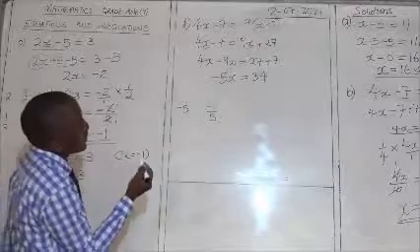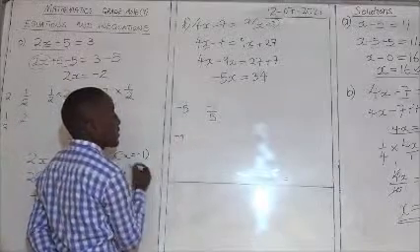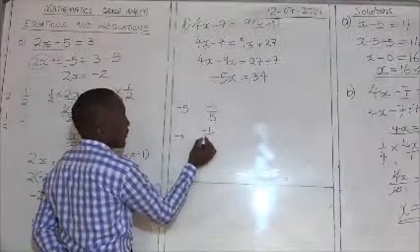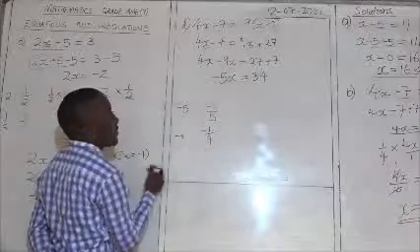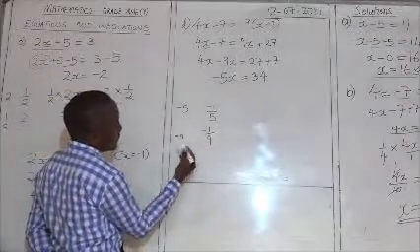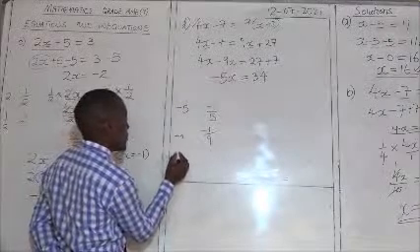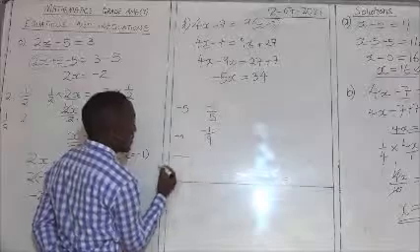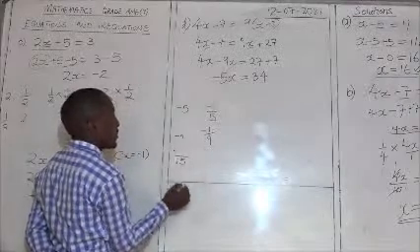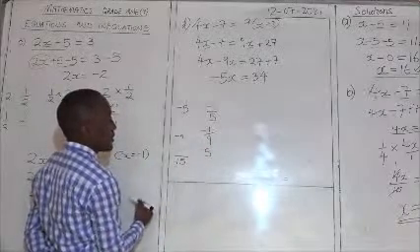In a situation where you have maybe negative 9, the multiplicative inverse is negative 1 over 9, the same number which you have. And in a situation where you have maybe 1 over 15, the multiplicative inverse of this 1 over 15 is just the whole number 15.